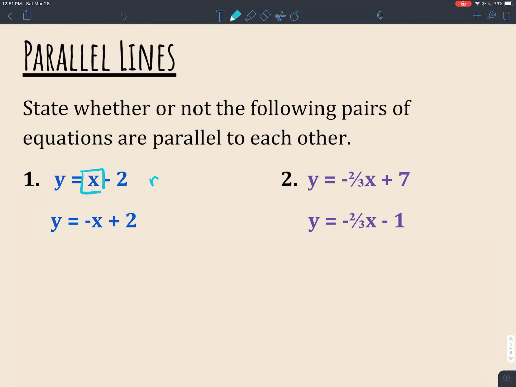So our slope for the first one is 1. In the second equation, I have -x, so our slope will be -1. And we know for a fact that 1 does not equal -1, and therefore, this is not parallel.